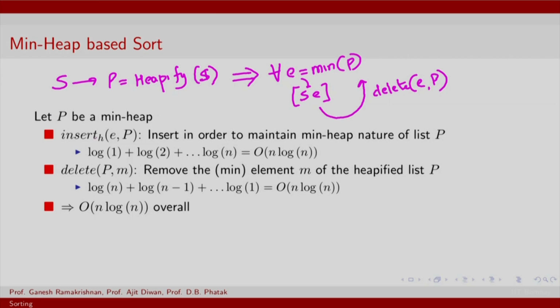First you insert elements from S into P while maintaining the min heap nature of list P. So recap that this is nothing but invoking P, the min heap, as a priority queue abstract data type.